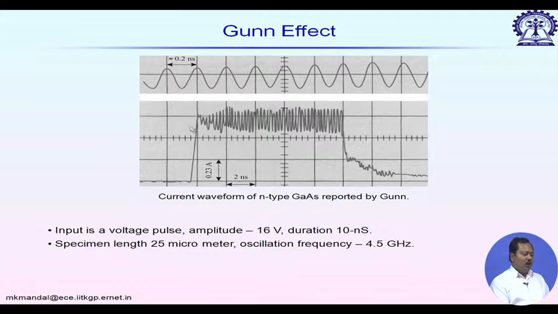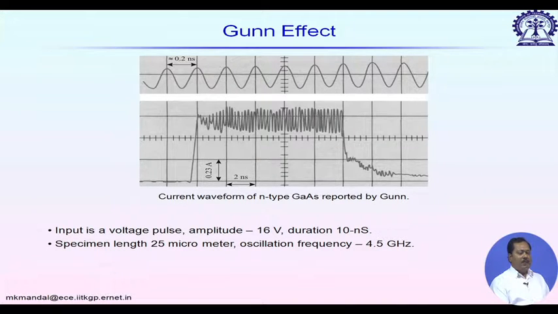Now, if we zoom in on this noise part, it looks like a very good sinusoidal signal with a time period of 0.2 nanosecond, which belongs to microwave frequencies. So the input is an RF signal, whereas the output contains both the RF input and microwave frequencies. He also observed that the frequency of this high frequency component generated by the device depends on the length of the sample. For this particular example, the specimen length was 25 micrometers.